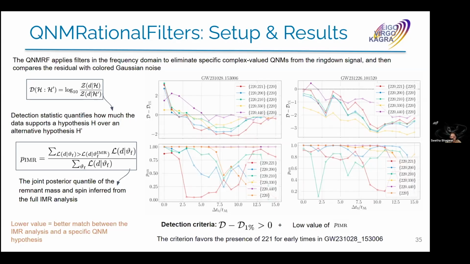So one thing we want to be very careful about is how to interpret this. We do not claim a confident detection of a 2-1 overtone in GW231028, but the detection criteria for the QNM filter setup favor the data containing the overtone at very early times.